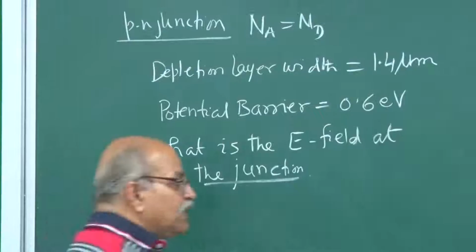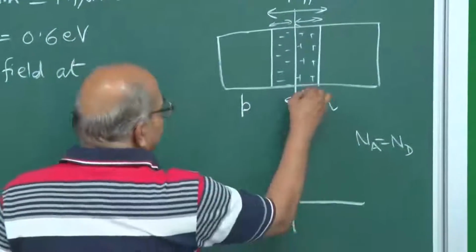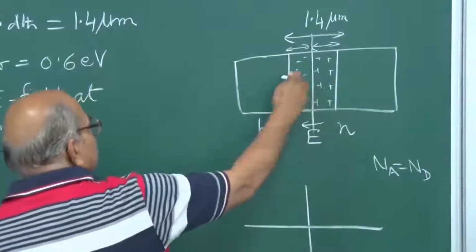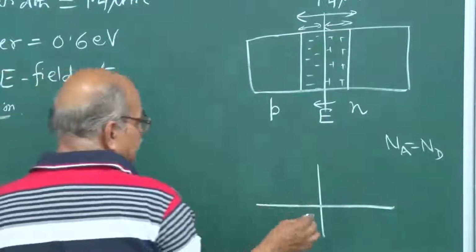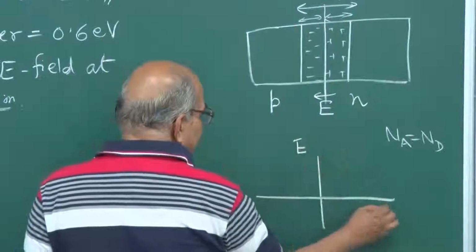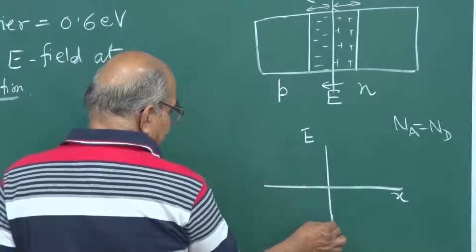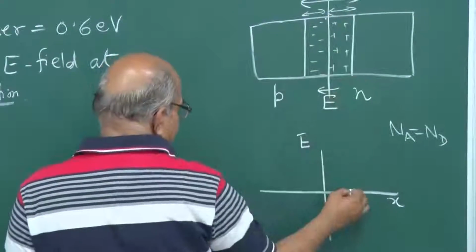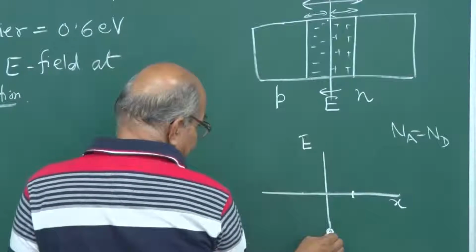If you remember, this electric field will be in this direction, positive side to negative side, and therefore it will be negative in the usual diagram. So if E is here and x is here, you have the electric field somewhere here, and when the depletion layer ends, the electric field becomes 0, and it is linear.